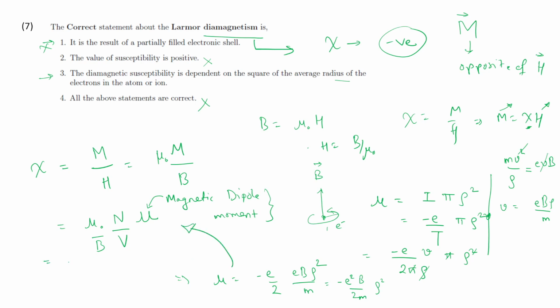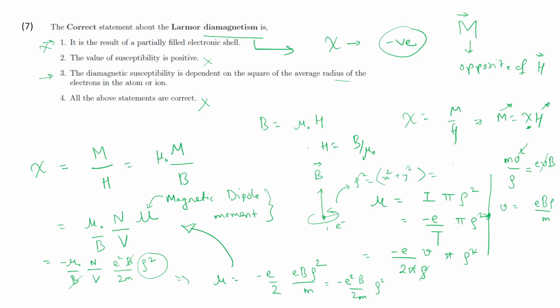What you get is mu naught over B times n times minus e square B by 2m rho square. This B cancels this B. Now you see what this rho square is. Rho square is some average x square plus y square.